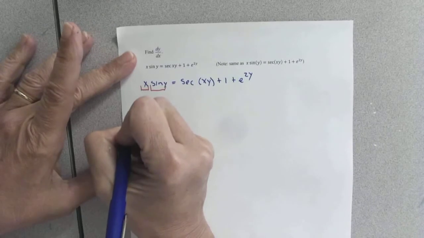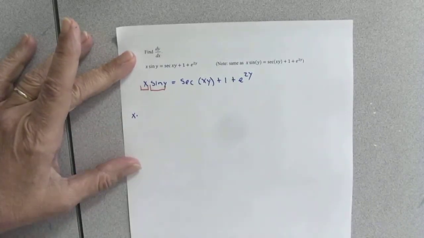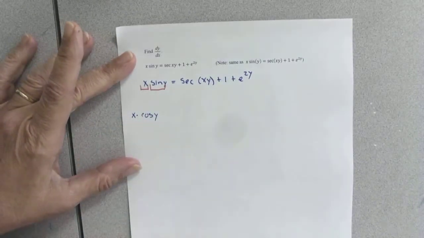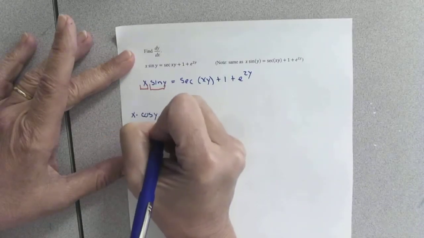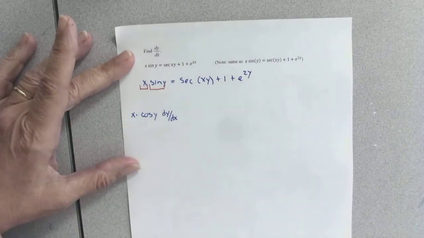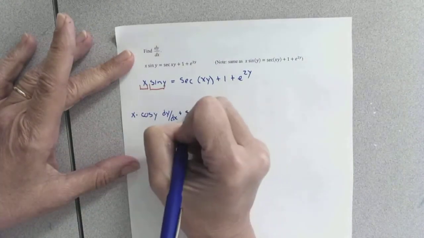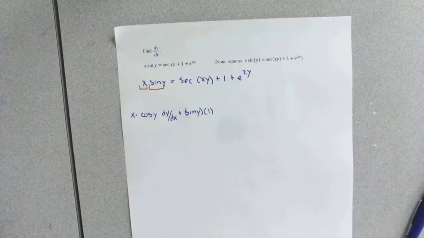So starting with a product rule, plane first, derivative of the second, derivative of sine y would be cosine y, but I just differentiated a y, so it's followed by dy dx. Plane first, derivative of the second, plus plane second, derivative of the first.